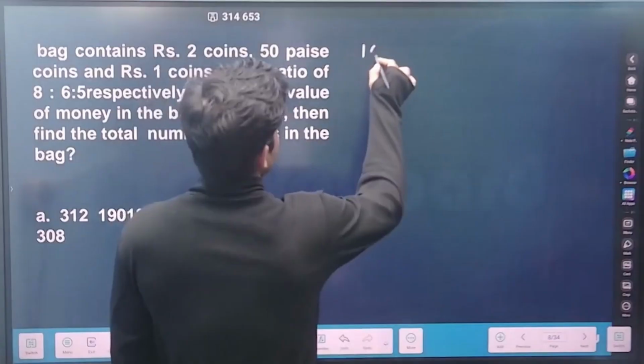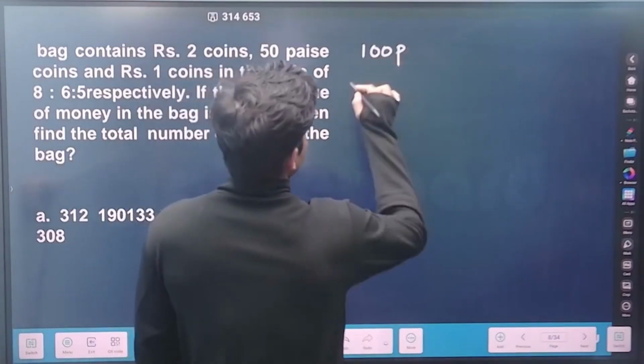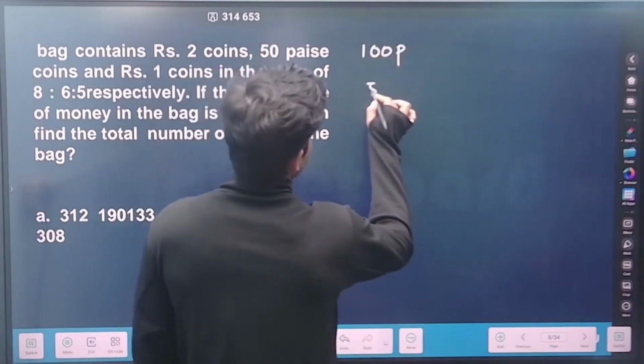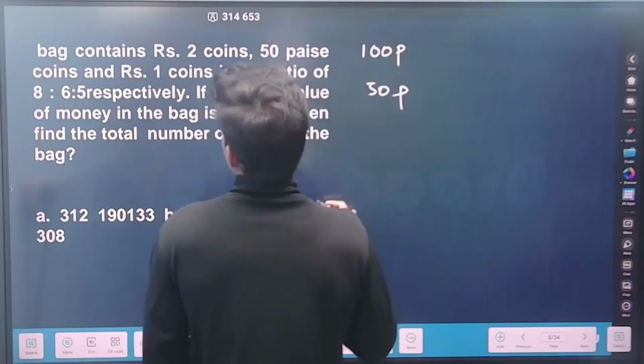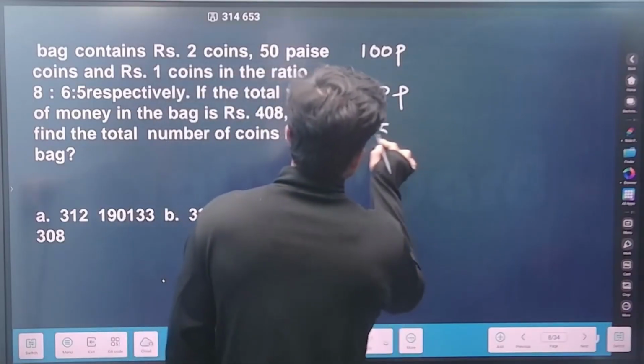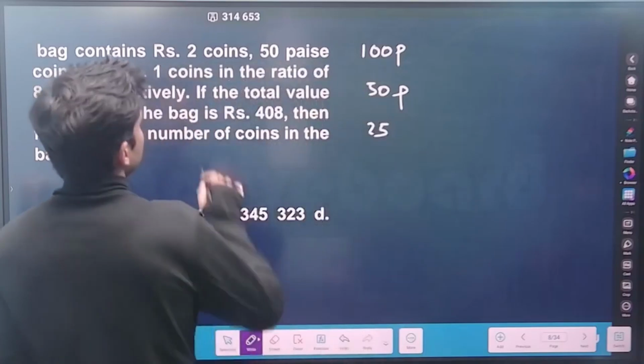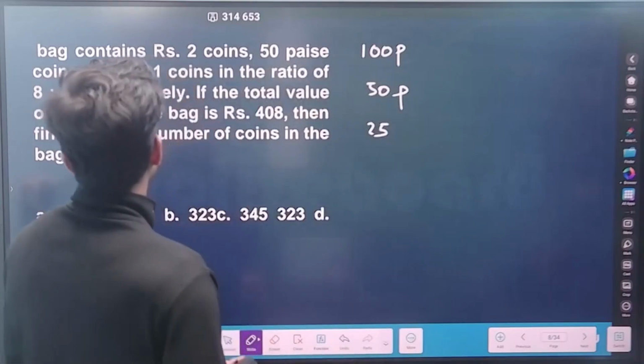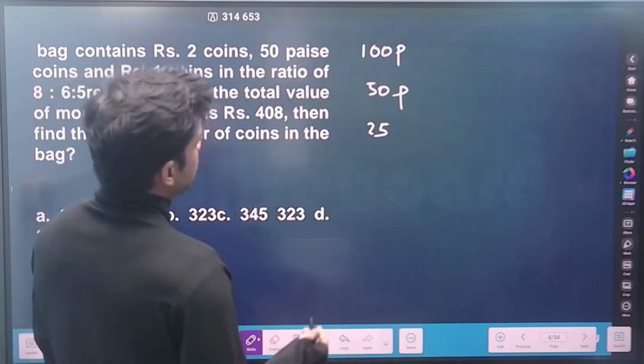So one part is 100 paise, then we are having 50 paise, and then 25 paise, correct? So basically, the missing part is there would be 150 paise, 25 paise, and 1 rupee.